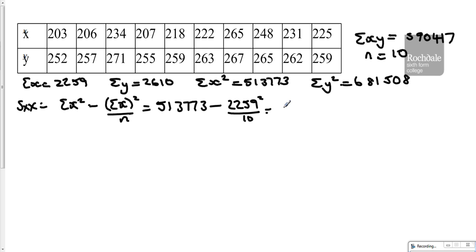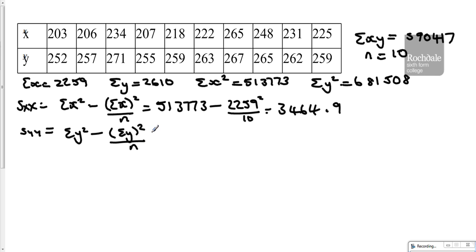And if you work that out, 3464.9. If you get really long decimals, it's important to save them in the memory of your calculator so that they're exact. If you don't know how to do that, ask your maths teacher and they'll show you how to store numbers in the memory, because it saves you typing in all those decimals lots of times.